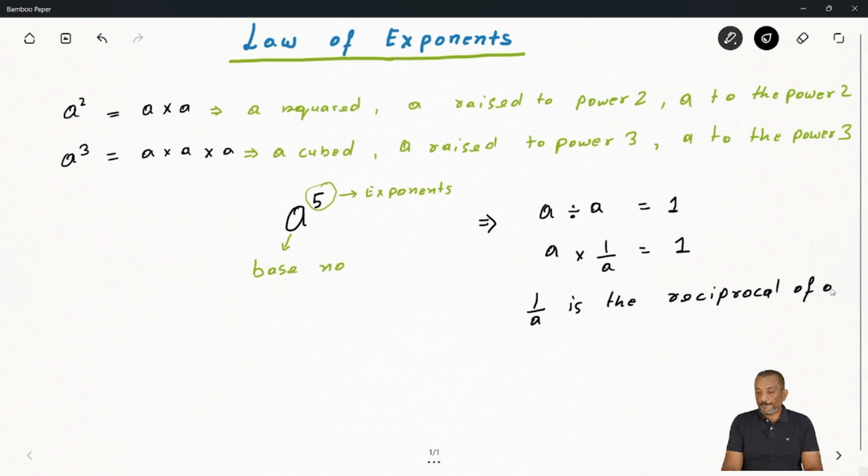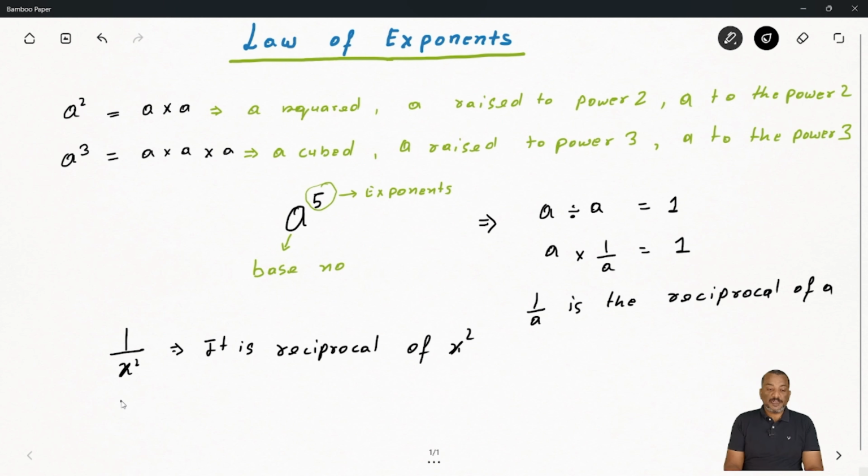So you can understand, when any number you have written over x square, we can say it is a reciprocal of x square.